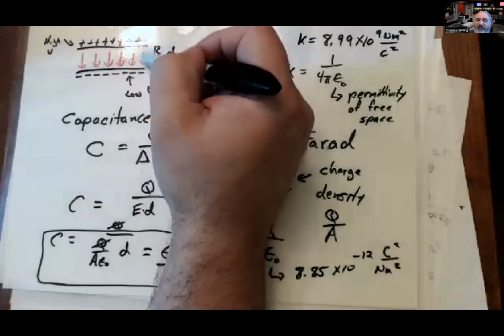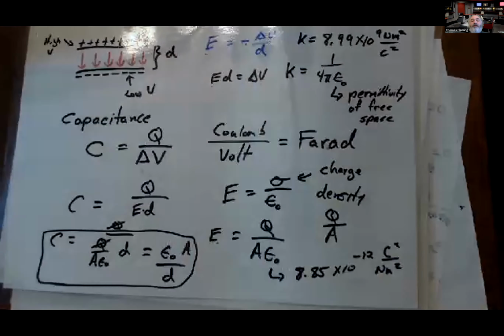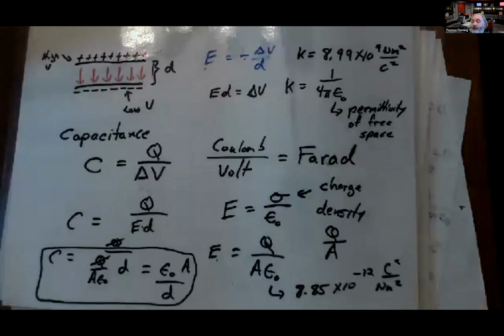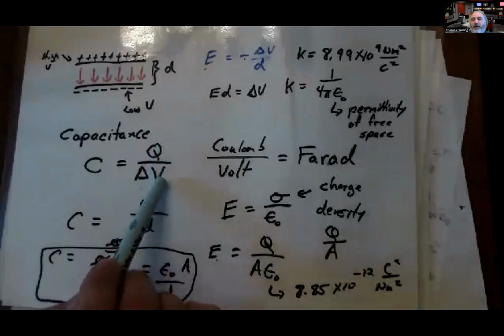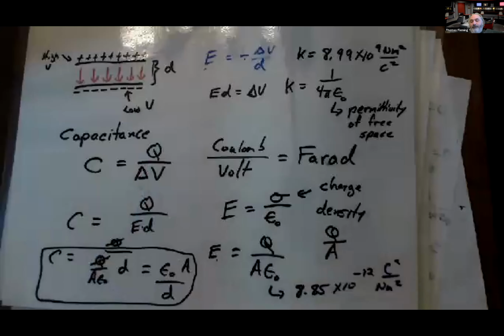So making this gap get bigger reduces my capacitance. By the same token, if I make the plates themselves larger, then I can fit more charge onto them. And I'll get more charge per volt of battery because I can spread the charge out more. So larger area tends to increase the capacitance.